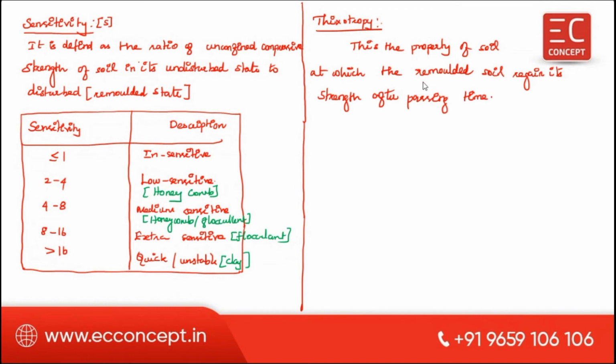That is a good word, passage. This is the property of soil at which the remolded soil regains its strength after passage of time. So this is called thixotropic.